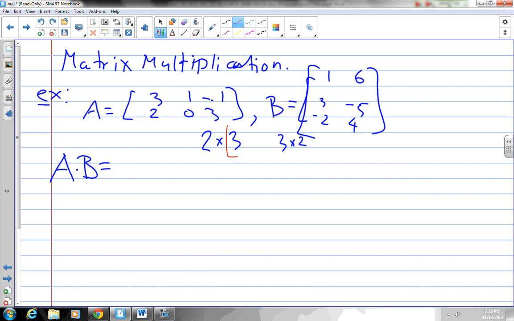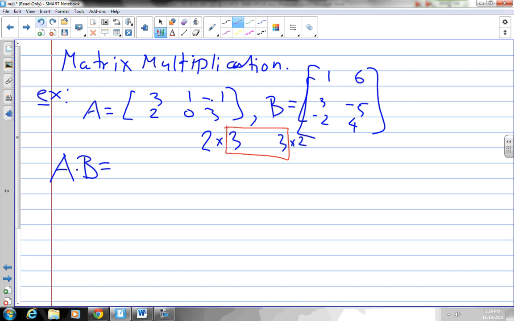These two numbers have to match. The number of columns in the first matrix has to correspond with the number of rows in the second matrix.